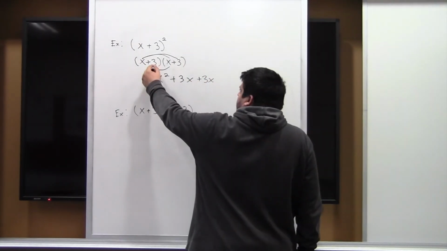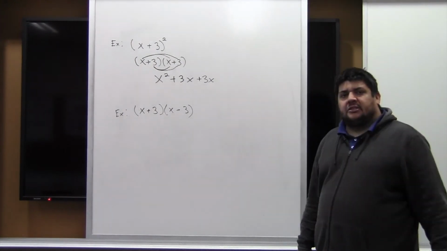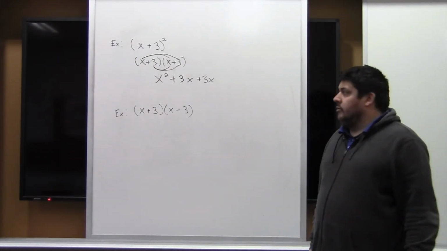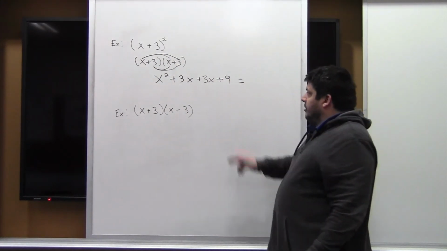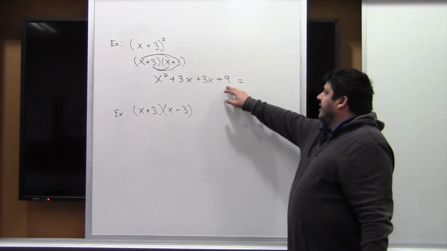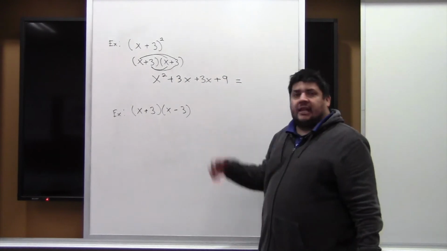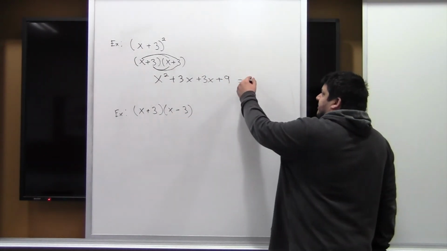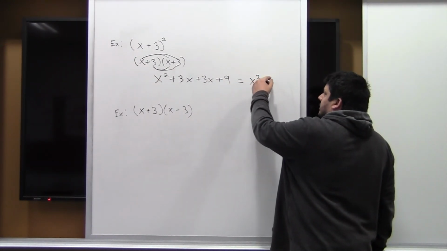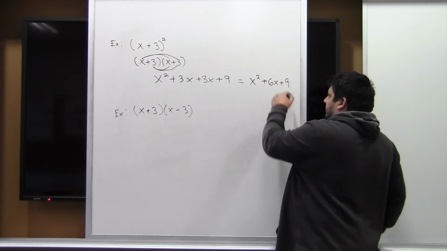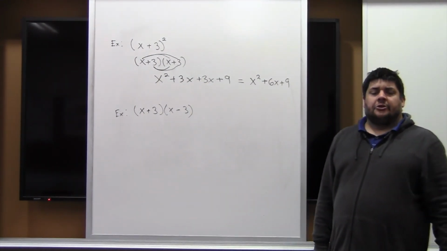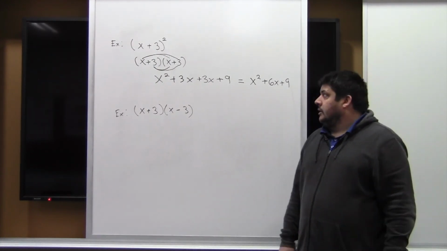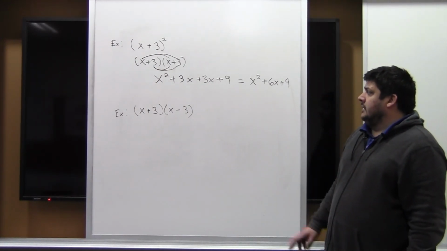And the last two terms, this is 3 times 3, which is 9. And we can simplify this a little farther by combining these like terms here. This gives us 6x plus 9. And this 6x, of course, comes from the fact that I just added those two terms that were like terms in the middle, 3 plus 3 being 6.